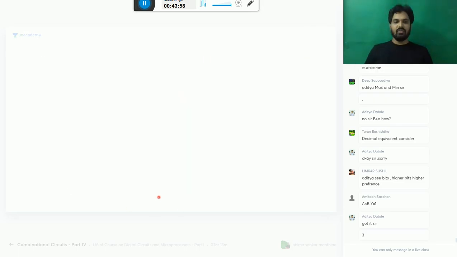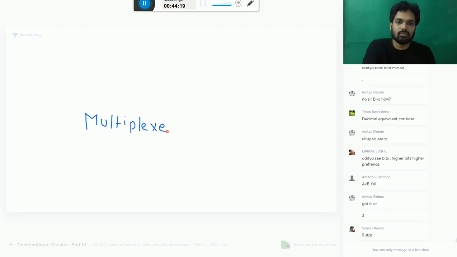Now, a very important topic we are discussing, that is switching circuits. Definitely one question compulsory every year, examiner's favorite. Compulsory one question comes from this part, what we call multiplexer.